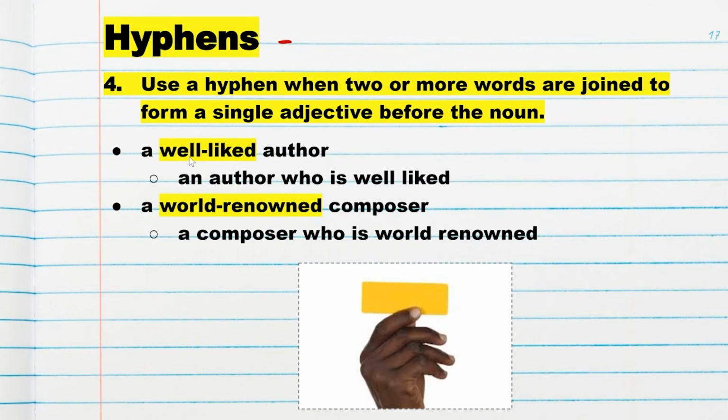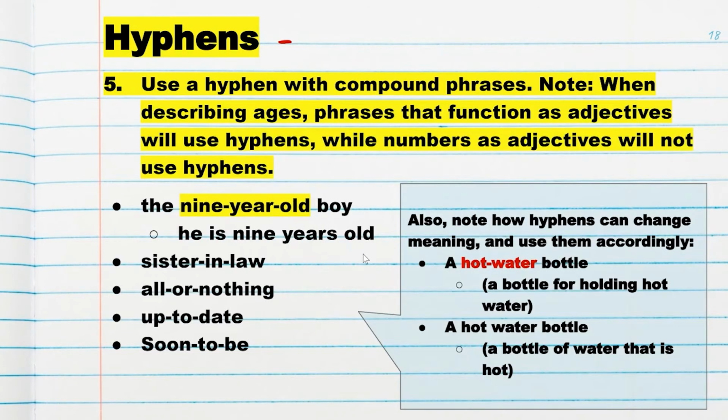For example, well-liked or world-renowned. Use hyphens with compound phrases, not when. Here are the notes and you can read them.